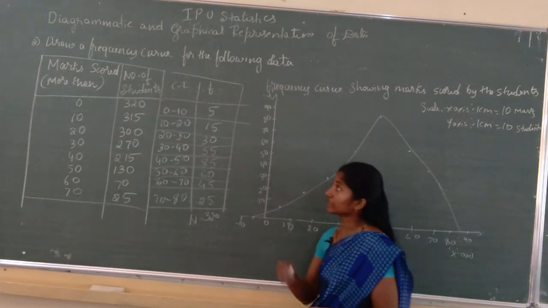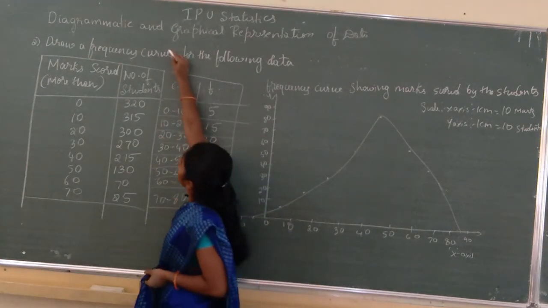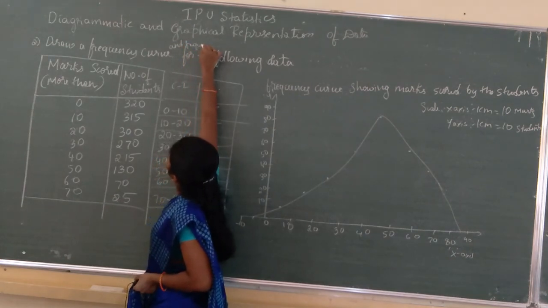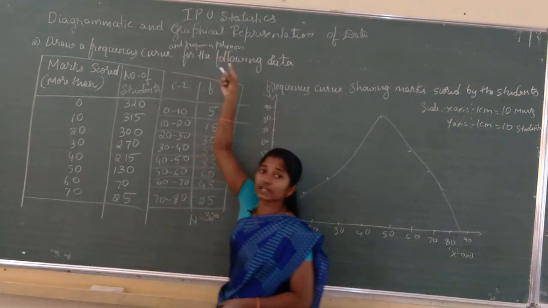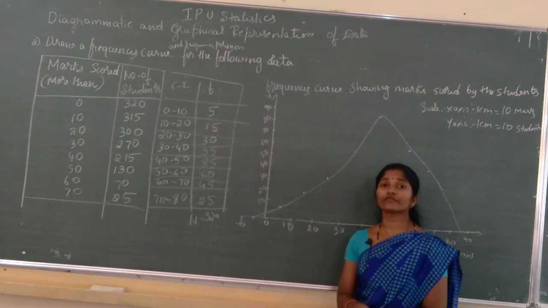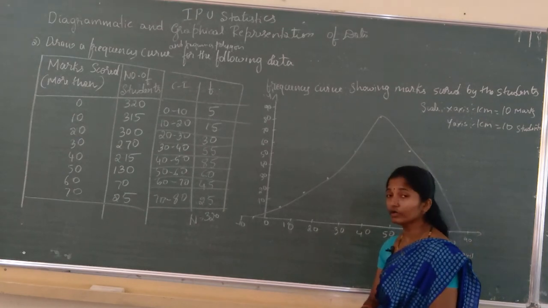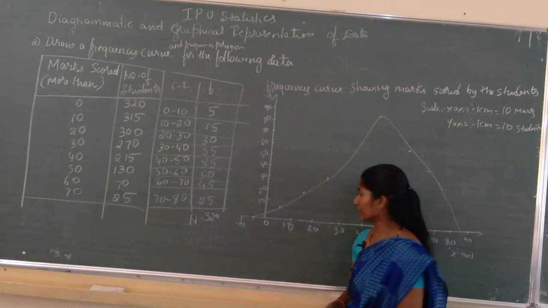See, if they ask to draw a frequency curve and frequency polygon like this way, what you have to do? You should draw the frequency polygon. Now, you should take which one? Scale.